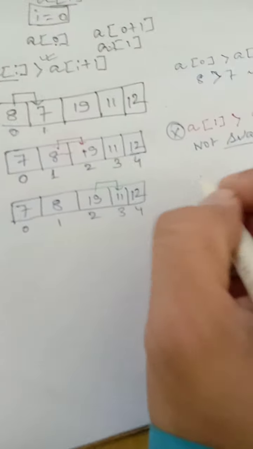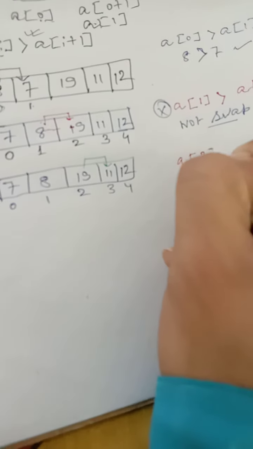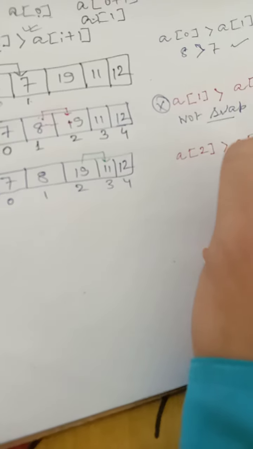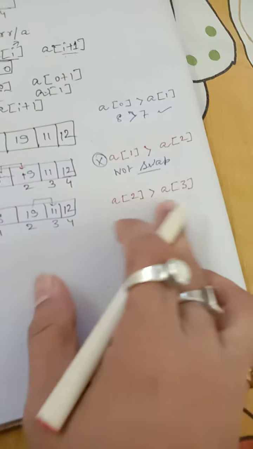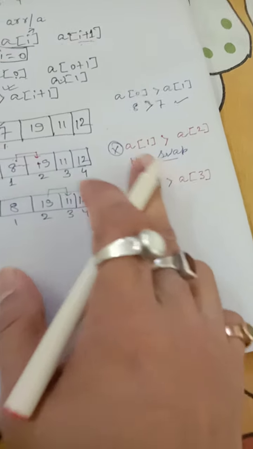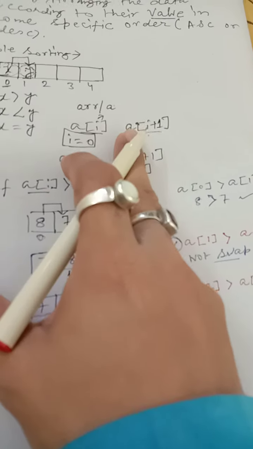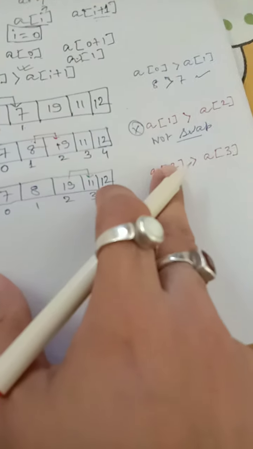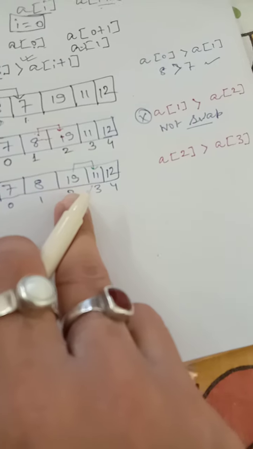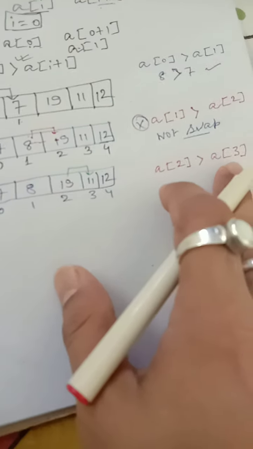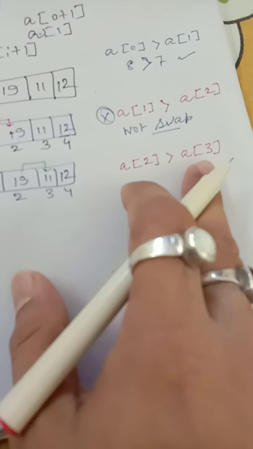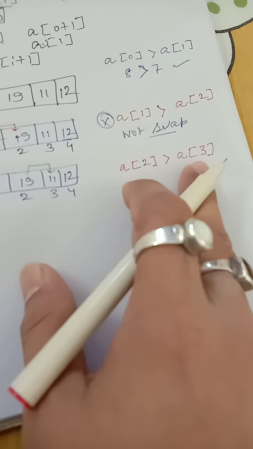Now my duty is to check whether A of 2 is greater than A of 3. I have already told you A of I and A of I plus 1. Now the value of I is 2, so we check whether index 2 is greater than index I plus 1, that is 3.